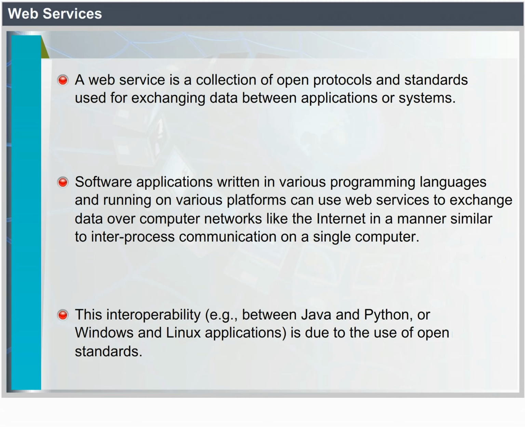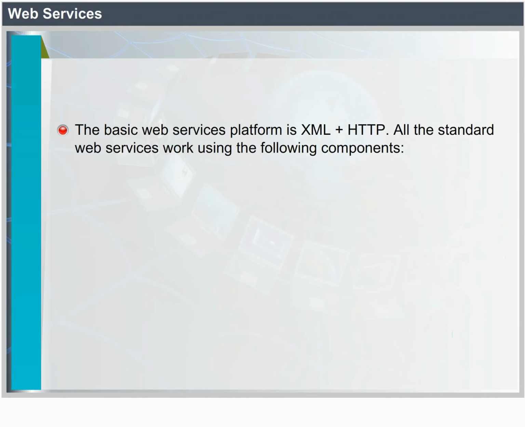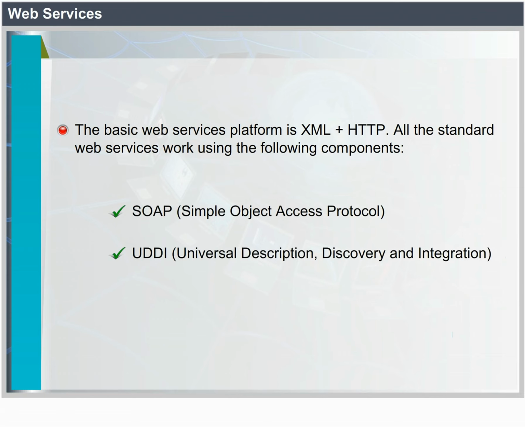All the standard web services work using the following components: SOAP, Simple Object Access Protocol; UDDI, Universal Description, Discovery and Integration; WSDL, Web Services Description Language. How does a web service work?